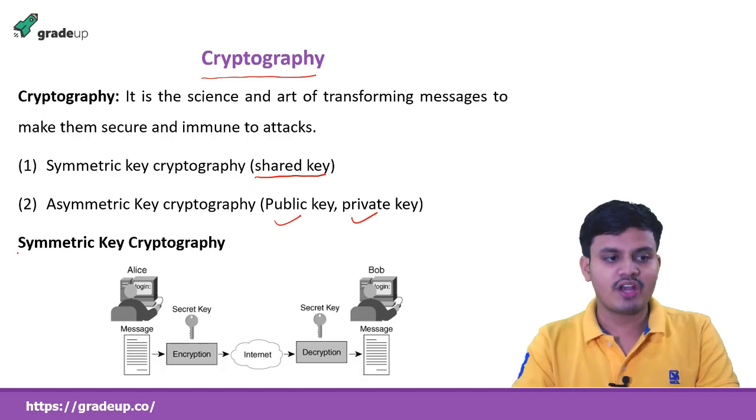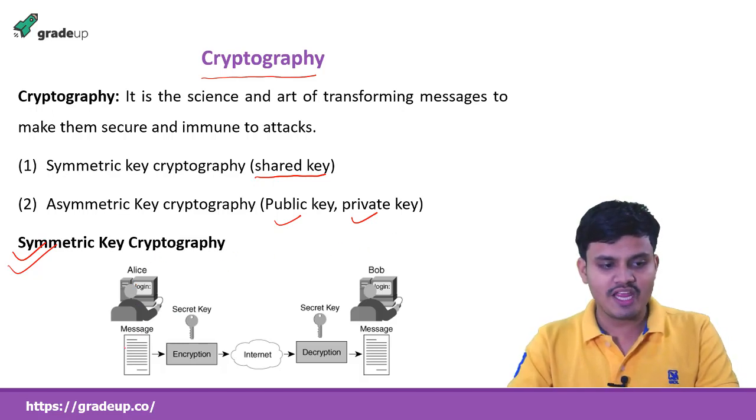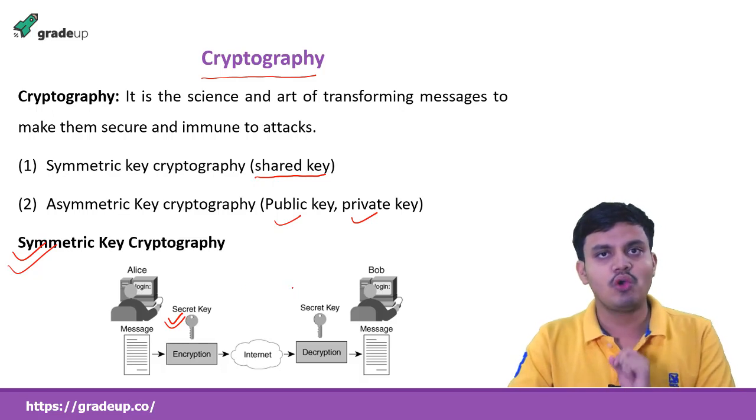Now see, in symmetric key cryptography, what happens? This is Alice and she wants to send a message to Bob. First she takes the message, then she encrypts the message using a secret key, and that secret key is common to both. Alice will know this key and Bob will know this key, and no other will know about this key.